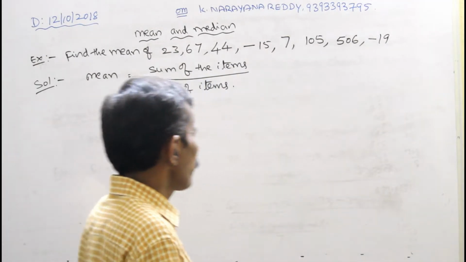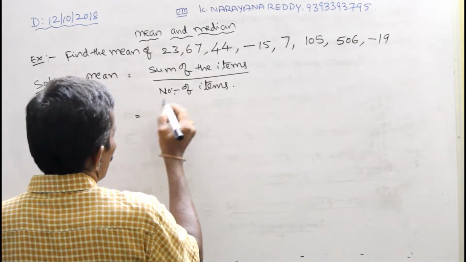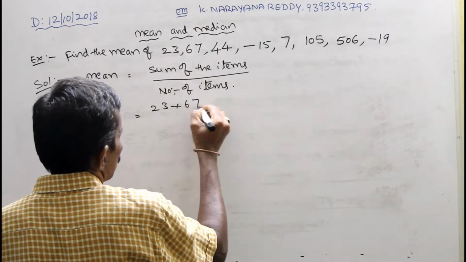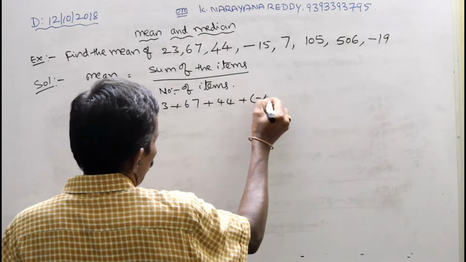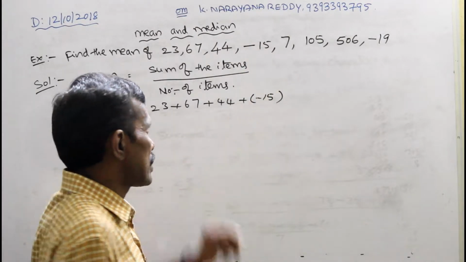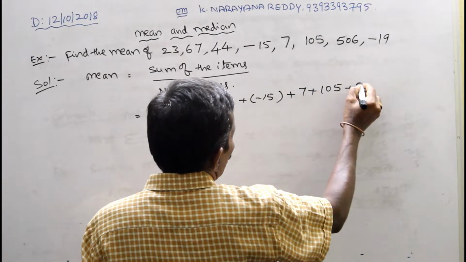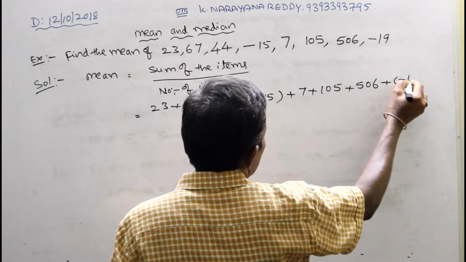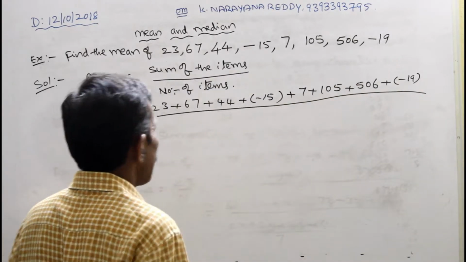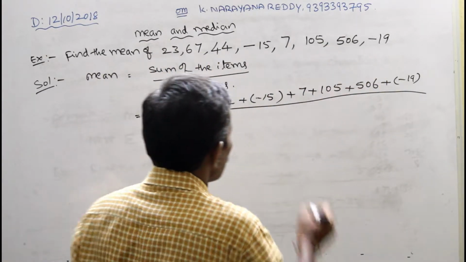Now, the sum of the items is 23 plus 67 plus 44 plus (minus 15), wherever minus comes you can use brackets, plus 7 plus 105 plus 506 plus (minus 90), divided by how many items? 1, 2, 3, 4, 5, 6, 7, 8.